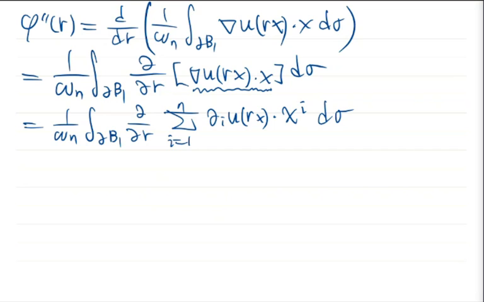The component of the gradient is the partial derivative of u with respect to x_i, and the component of x is x_i. Therefore, the inner product is the sum of the multiplication of the components.